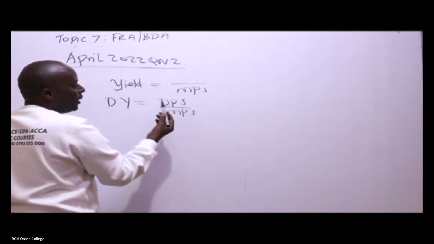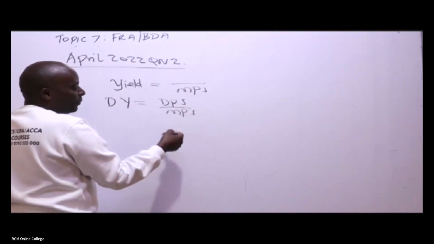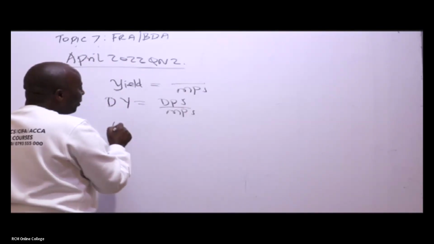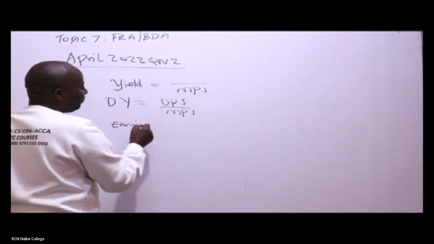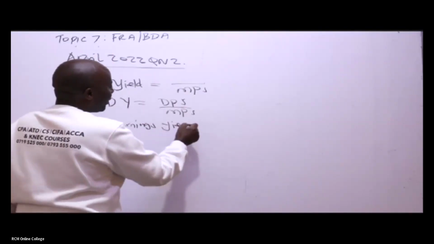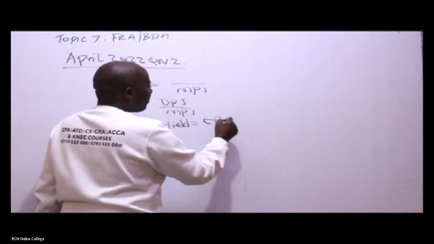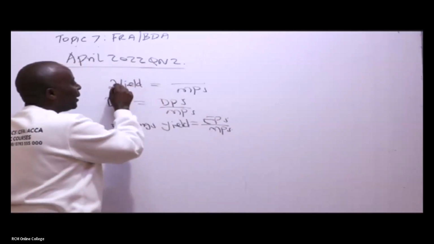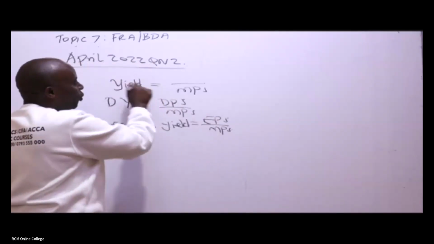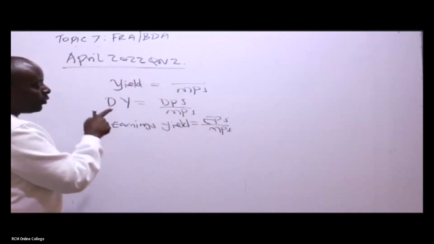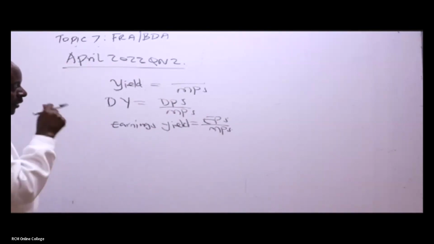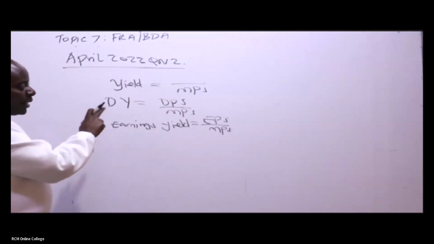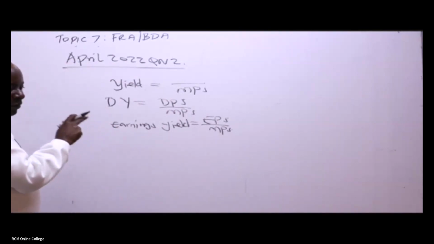Very easy: dividend per share over market price per share. When they talk about earnings yield, this will be earnings per share over market price per share. So anything yielding, it yields to market price per share. Never forget this. You can forget about everything else, but never forget market price per share.